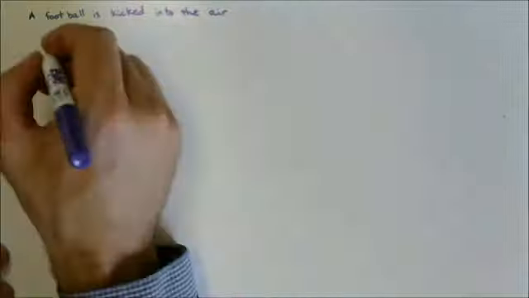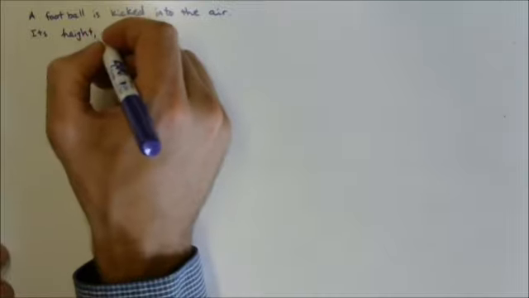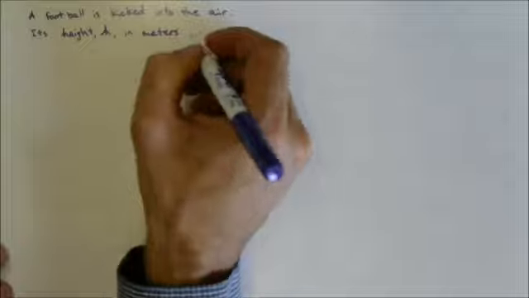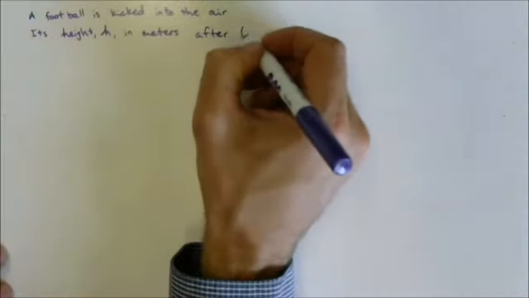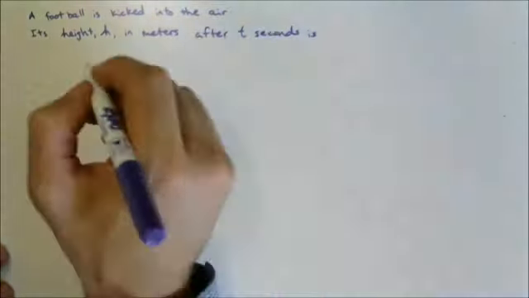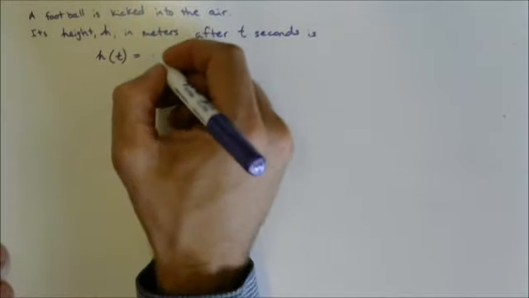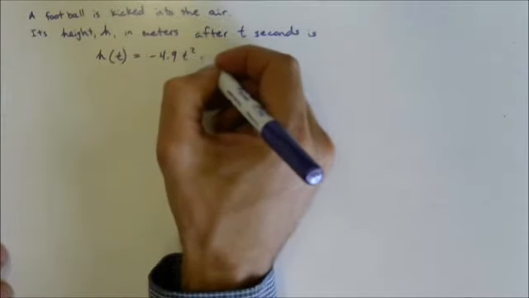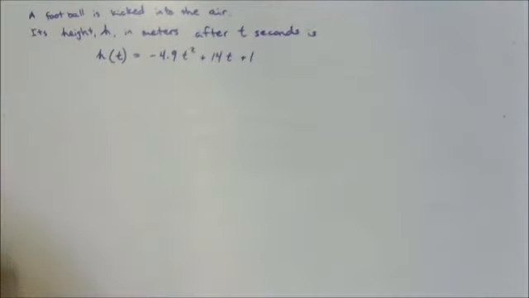Its height, h, measured in meters, after t seconds is h with respect to t equals negative 4.9 t squared plus 14t plus 1.